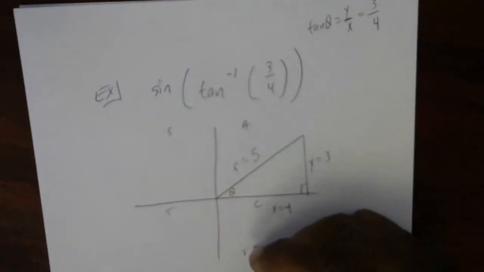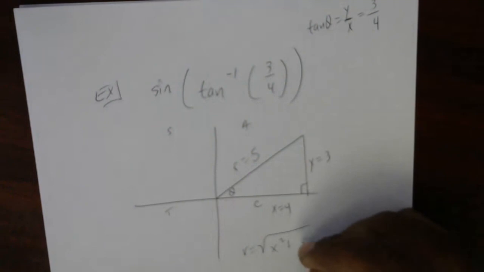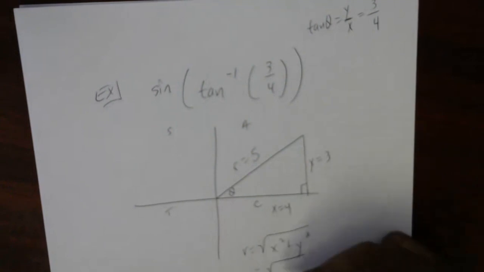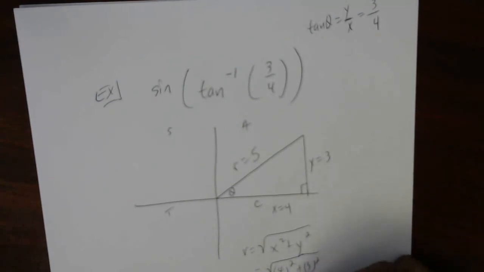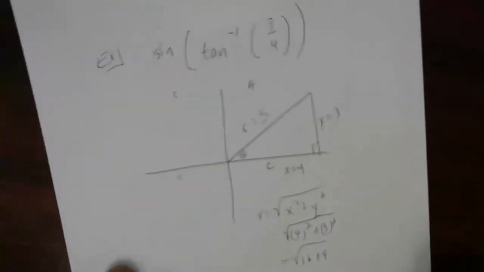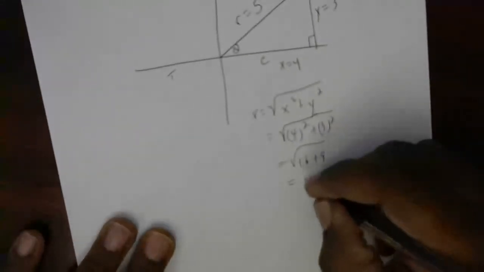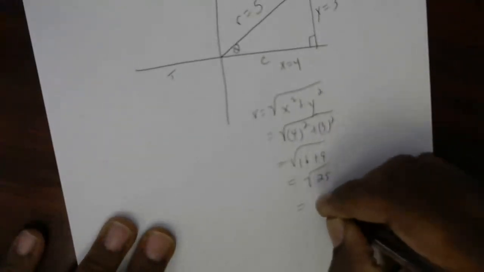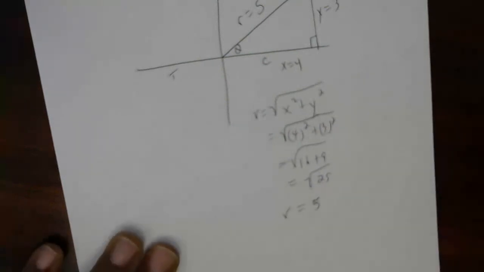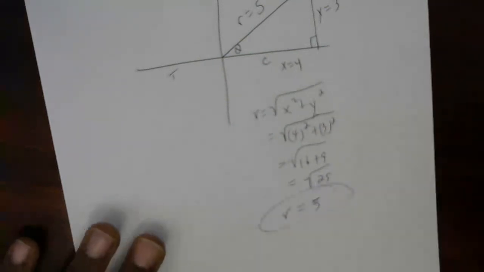Remember, r is equal to the square root of x squared plus y squared. So we have 4 squared plus 3 squared, 16 plus 9. The square root of 25 is 5. So r should equal 5.